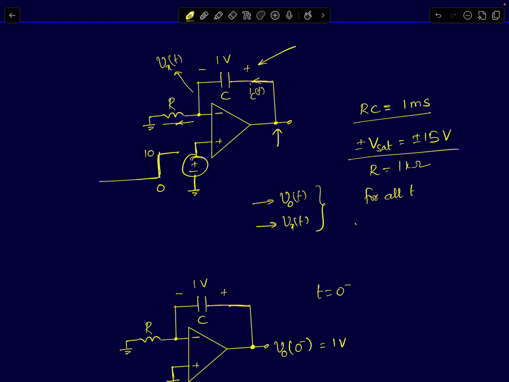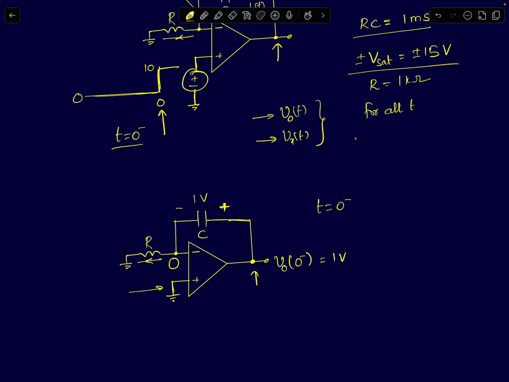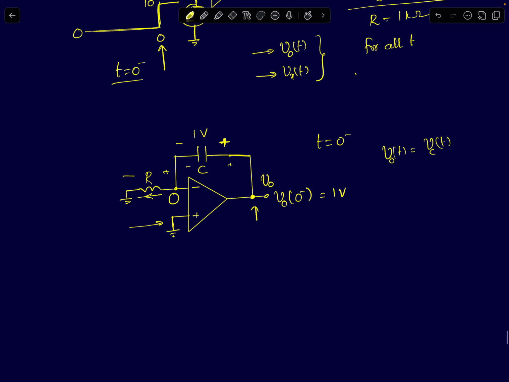So the output voltage, if you see the output voltage at this point, V naught of t can be written as the sum of the capacitor voltage plus the resistor voltage, right? You can see that there is a loop here. If you have any doubts, let me redraw that and show it to you so that it's clear.